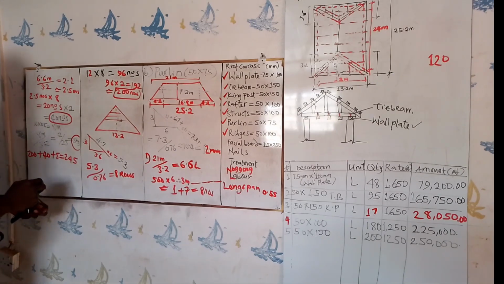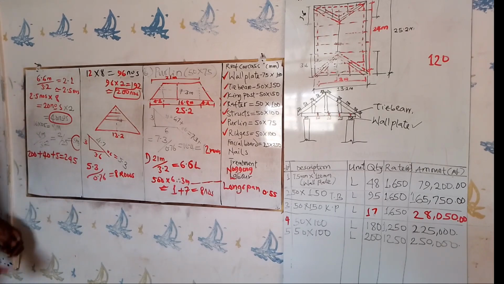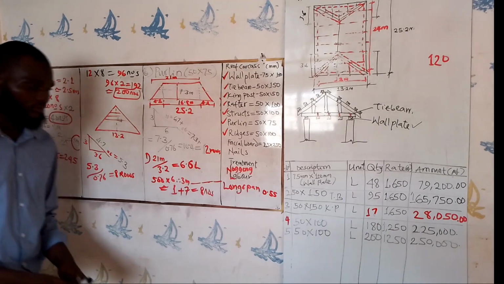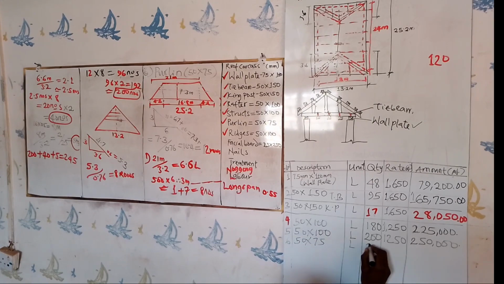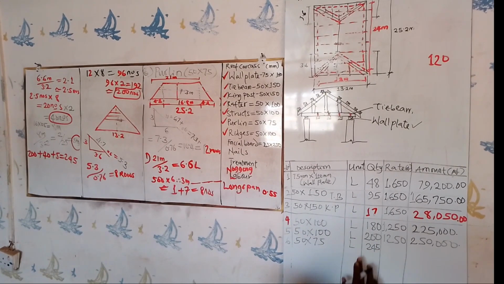I think we don't need to add more, or do we need to add anything more? No. So we can go straight and input it. So that will be 50 by 75 and then into 45. Can just add 5 here, let's make it 250.